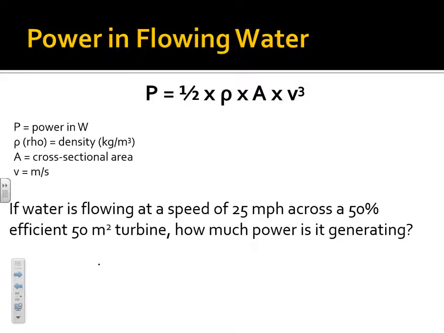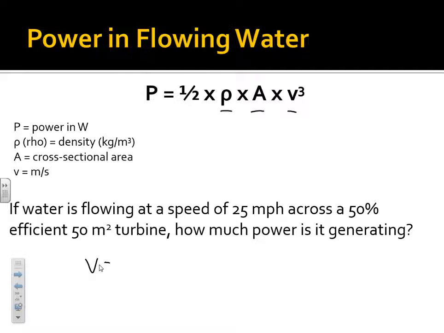Okay, so let's do the calculation here. This should not be terribly difficult given that you've done a lot of this with the wind. We know the density of water, and the area we're given, so let's calculate the velocity.